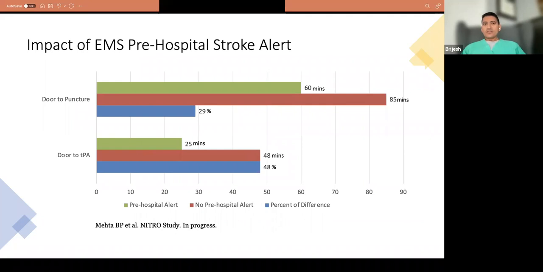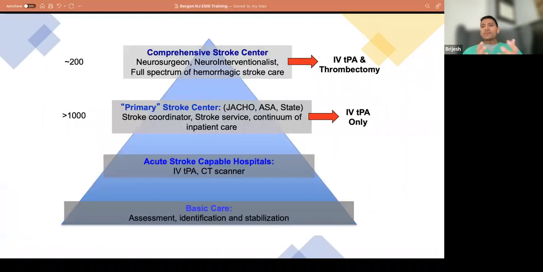And so, just want to reinforce why our work with paramedics is so important. And then it's also understanding where to take the patient. And understand that at least in New Jersey, you have the benefit of taking patients to predominantly comprehensive stroke centers in your region. But not all regions are built the same.